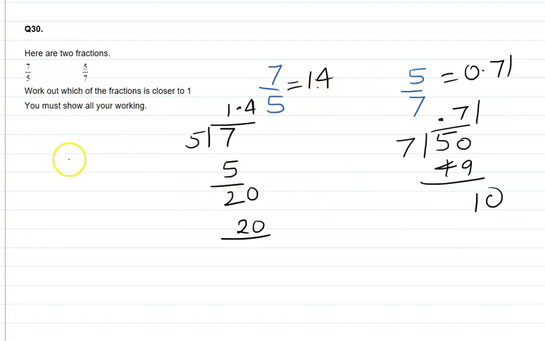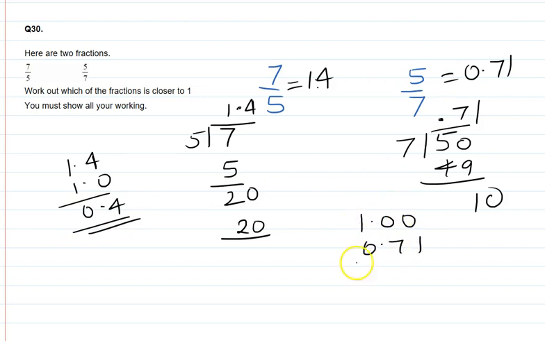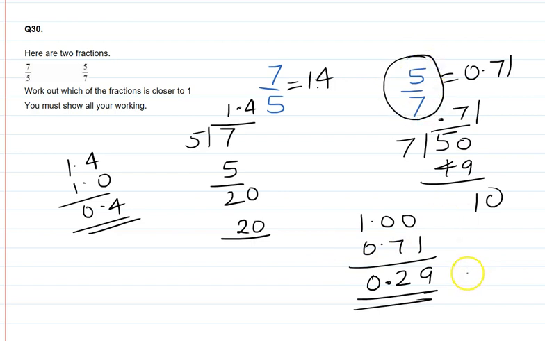The difference between 1.4 and 1 is 0.4. The difference between 1 and 0.71: 10 take away 1 is 9, 9 take away 7 is 2, so 0.29. Which one is closer? Definitely 5 over 7 is closer, because this difference is less. So that should be your answer.